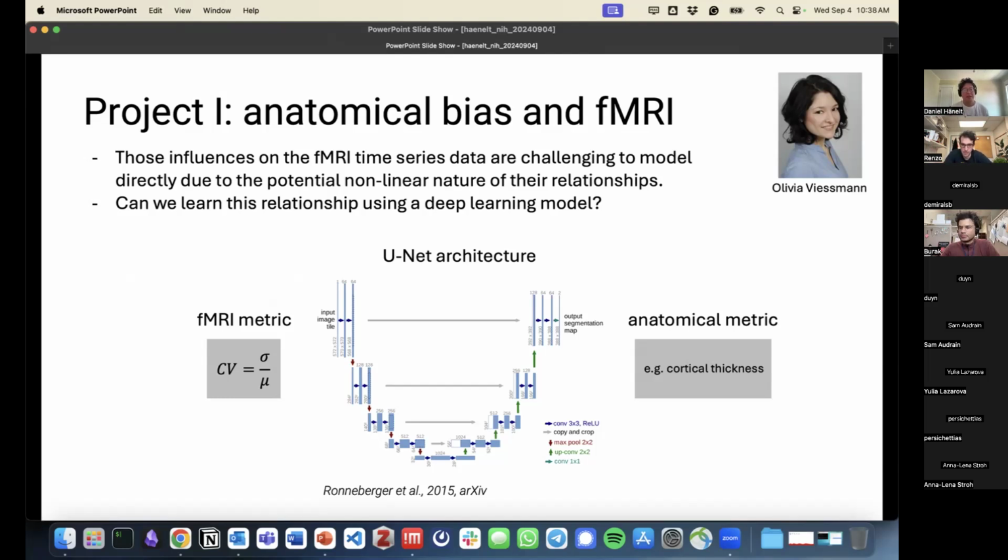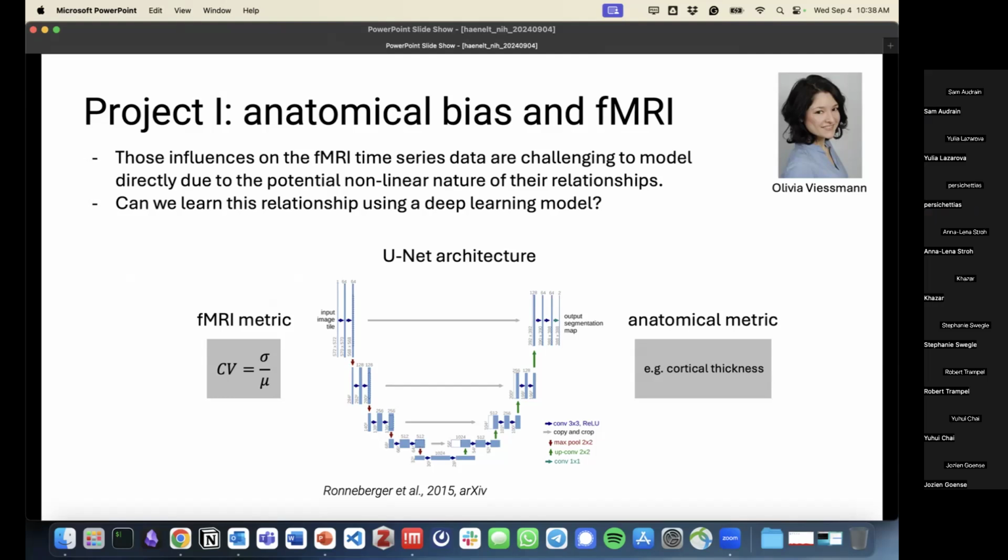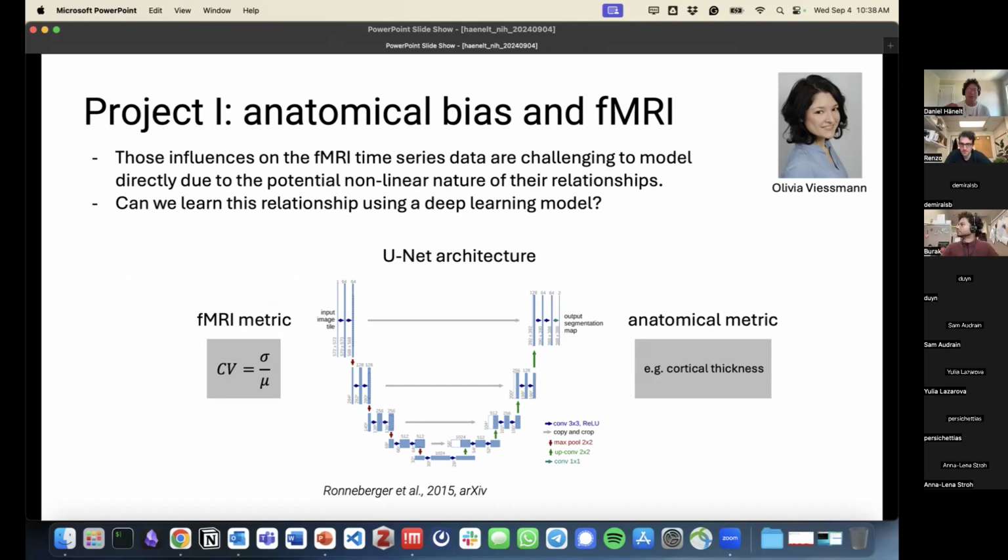And so the idea is that if we have an fMRI time series and there are potential biases, these are probably complex and nonlinear, but if there's a kind of relationship, can we use a deep learning model to learn this? And if we can learn such a relationship, so we would like, in the end, to understand it better and maybe also be able to remove those biases.